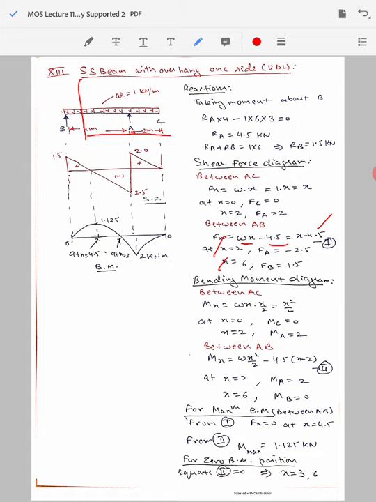That means for point A it will be evaluated as minus 2.5, and for point B it will be evaluated as 1.5. Now let's draw the shear force diagram here.